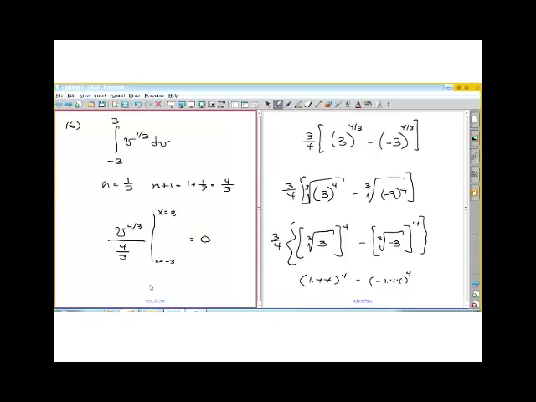And let's look at this function visually, just to show you why it is. Because it's a symmetric function, symmetric about the origin. So let me stop sharing that. Start sharing it.